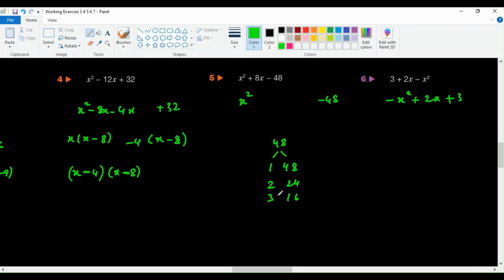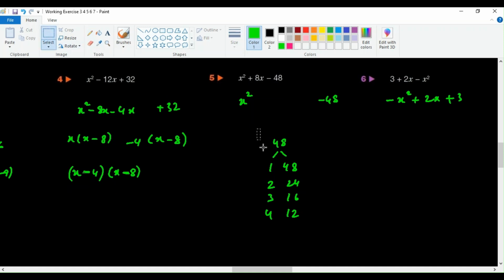Now comes 8. 48 divided by 6 and 8 is not giving us 8. That means 4. 4 gives us 12. Yes, 4 and 12 giving us 8.